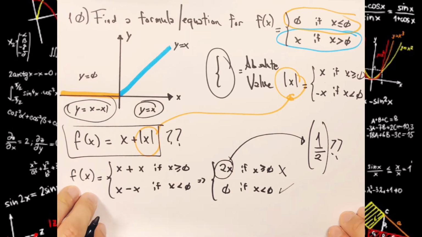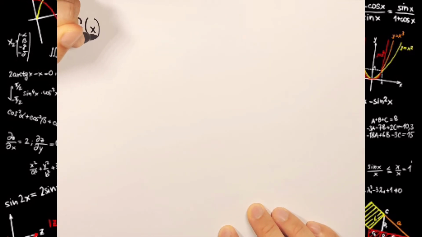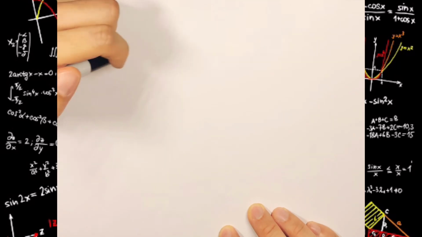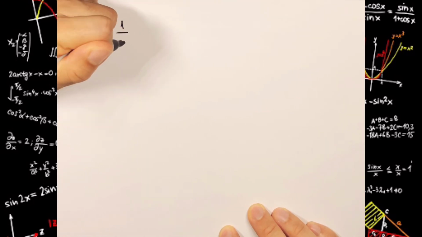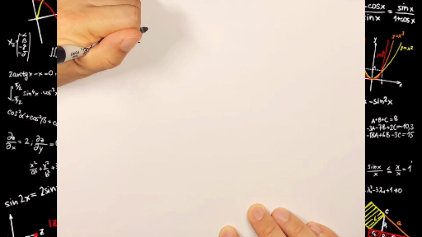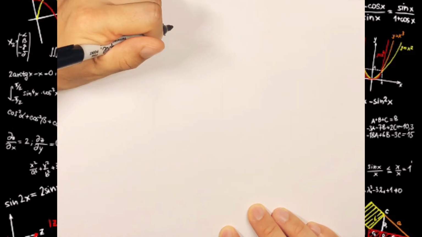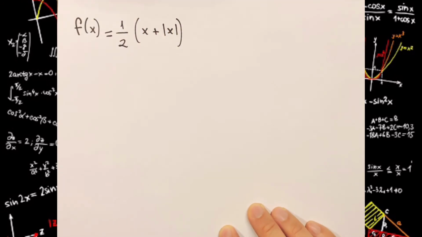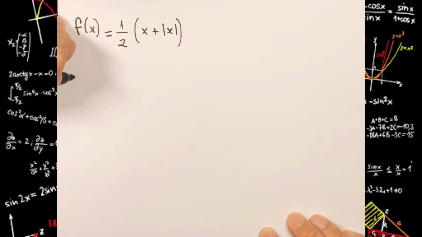So let's turn the sheet and see what happens if we write the same formula, the same equation, but with a 1/2 factor. So f of x is going to be equal to 1/2 that multiplies x plus absolute value of x. And that would be your solution, right? That would be our potential solution, our probable solution for the problem.